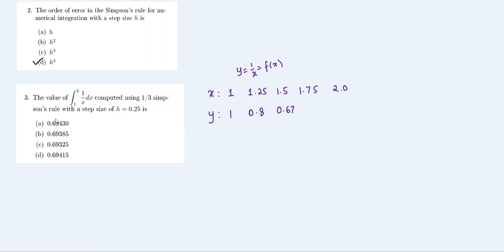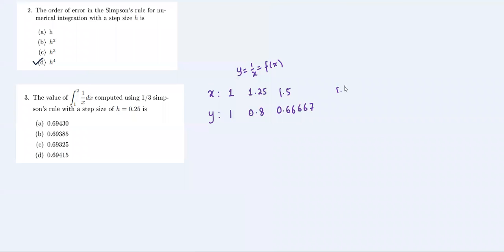Oh, he has given 5 decimals, so it depends on the answer. We'll use 5 decimals: 0.66667.